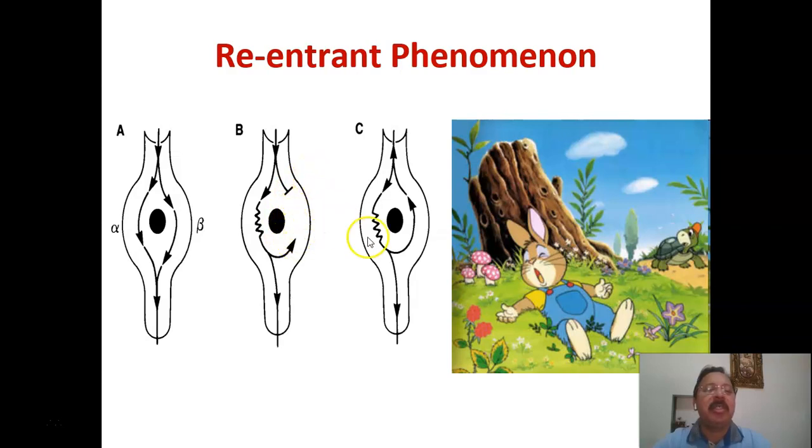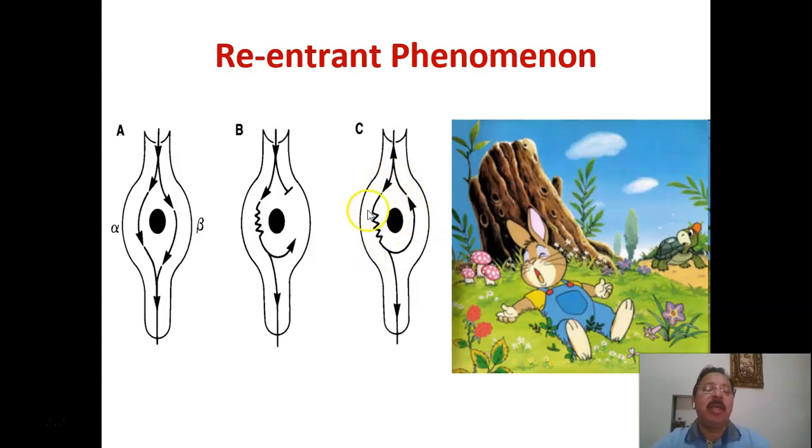By the time it reaches close to the rabbit, then the rabbit starts following it, and then a loop is formed around the AV node, which is called atrioventricular nodal reentrant phenomena.